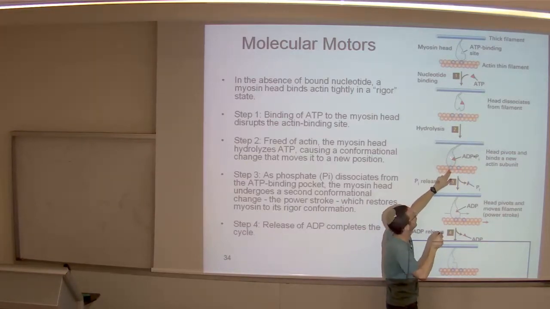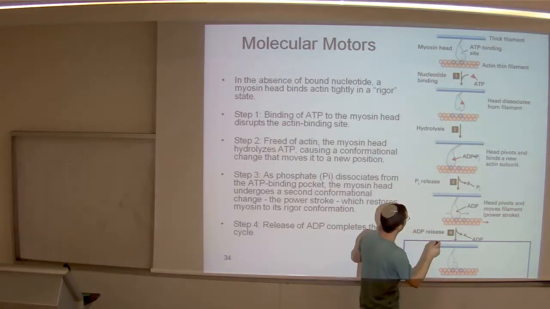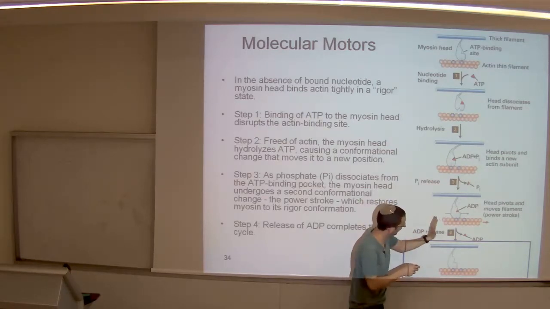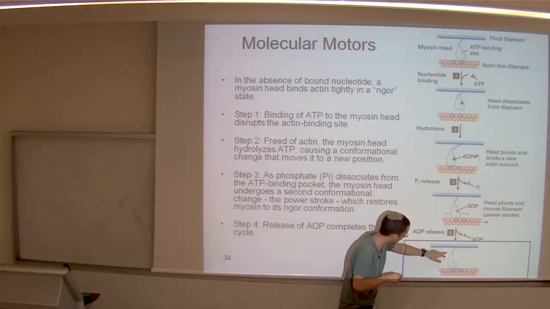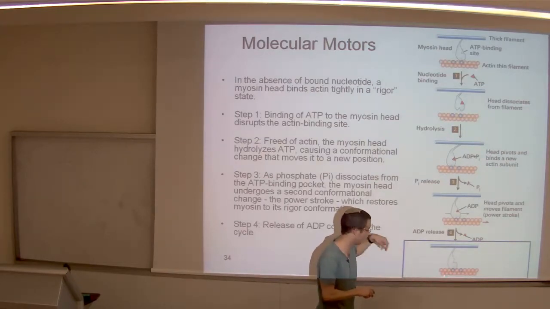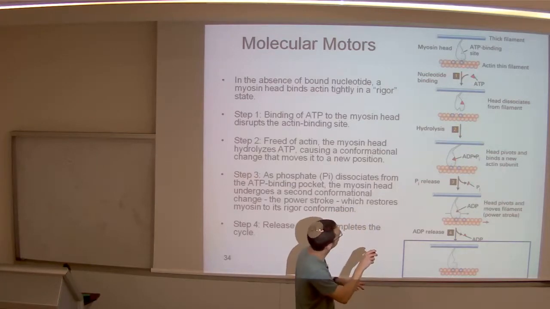Upon dissociation of the phosphate from the active site of the myosin head, we get what is called a power stroke, where the myosin head contracts with great strength backwards, and upon dissociation of the ADP from the ATP binding site, we come back to the first step of the tight binding with the new location on the thin filament with no ATP in the binding site.